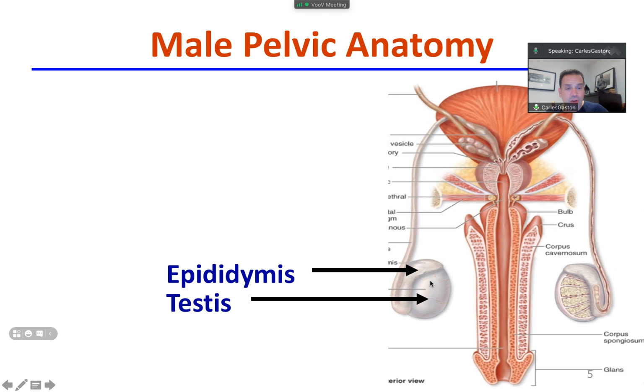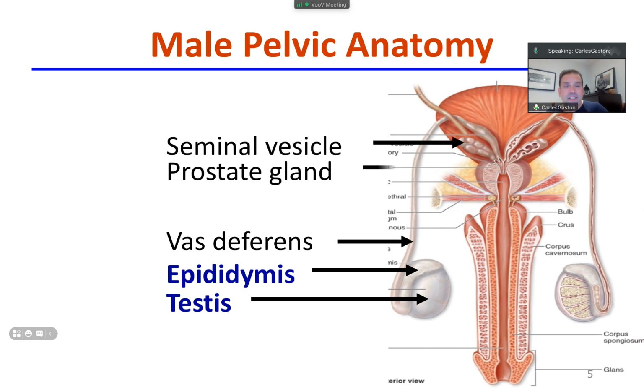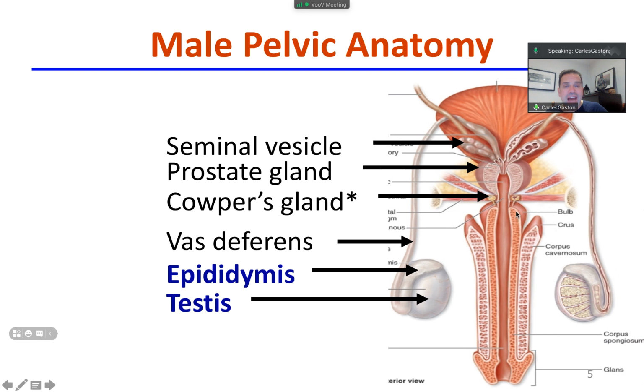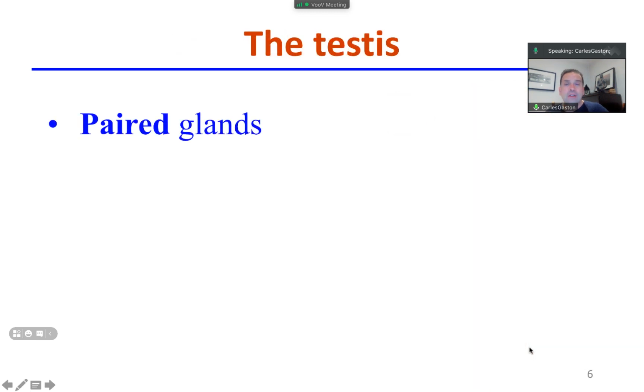We have here the testes above the epididymis, where the sperm will be kept before ejaculation, and the vas deferens, and then a series of glands which produce liquid that helps the motility of the sperm, such as the seminal vesicles here, the prostate gland, very important, and the Cowper's gland, just before the release through the penis.